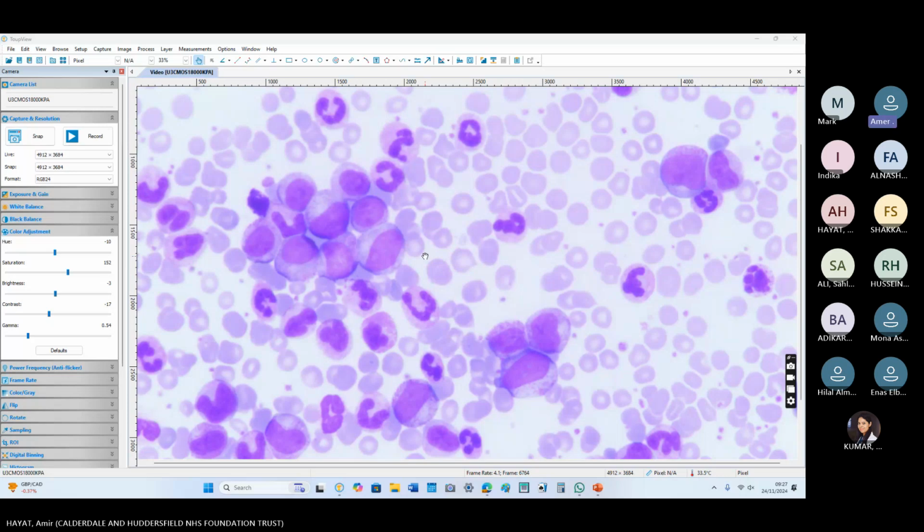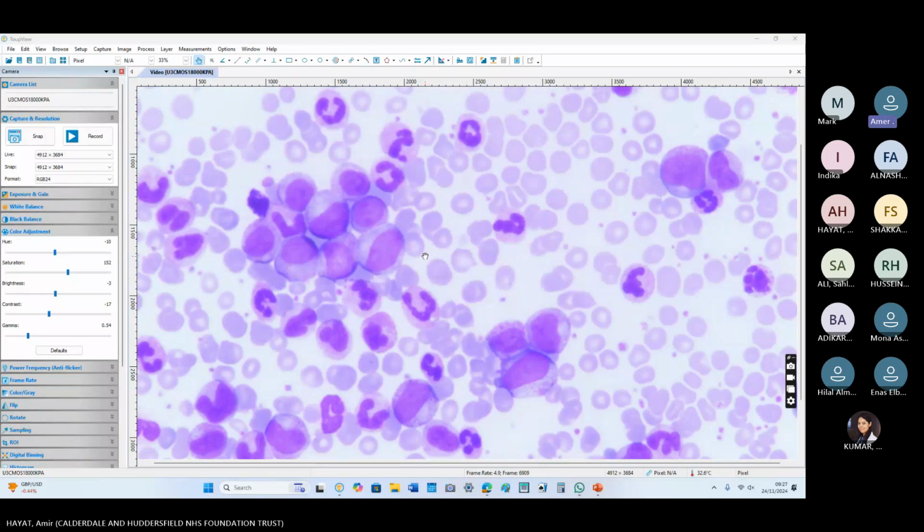Then in further part two short questions, they can ask you what are the poor prognostic factors in CML? What are the prognostic scores in CML? We have Sokal, Euro, EUTOS, Hasford, and ELTS.